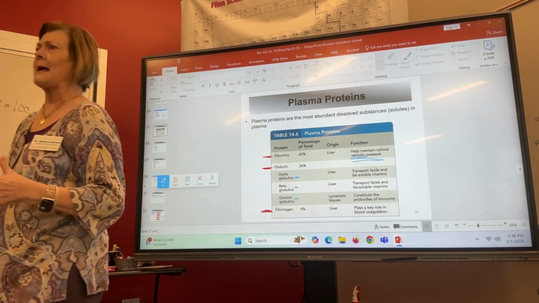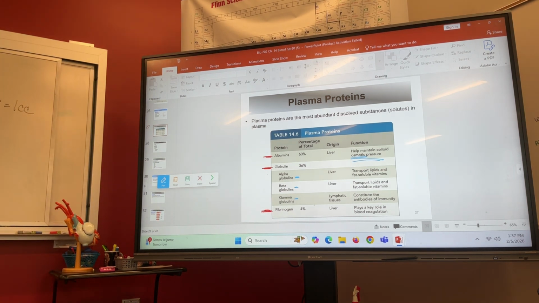If you see something about osmotic pressure, think albumin, and also recognize that the majority of the plasma proteins are albumin, 60%. You don't have to know 60%, but know that most of them will be albumin.